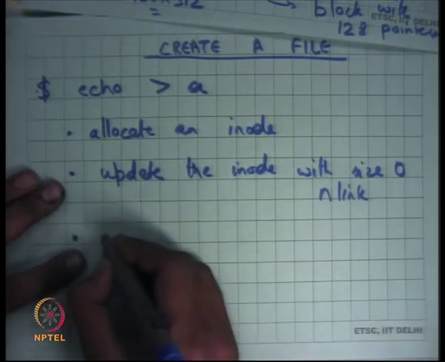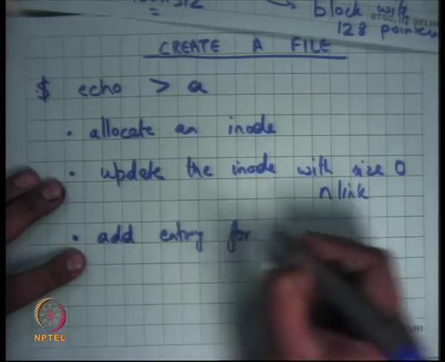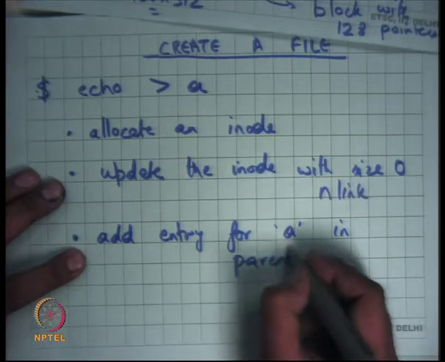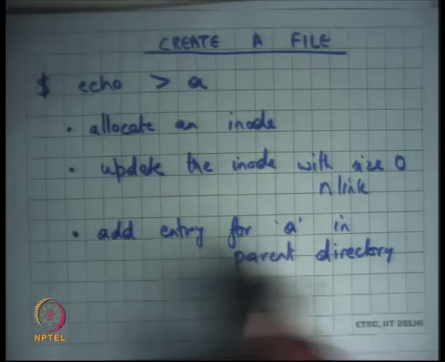Then you add an entry for A in the parent directory. Right. So how do you do this?